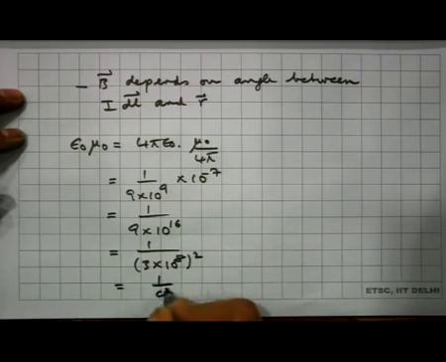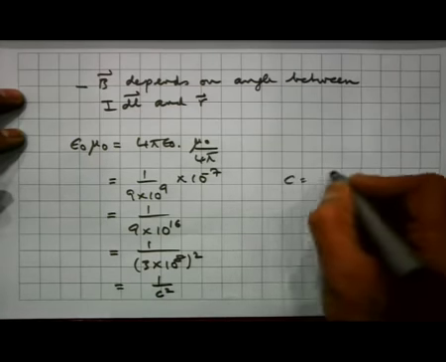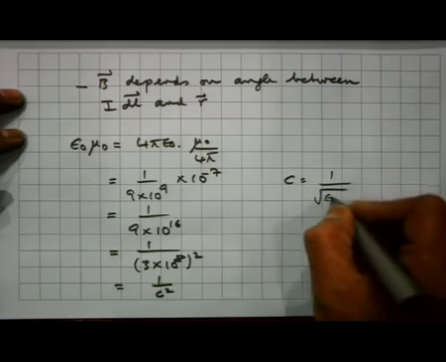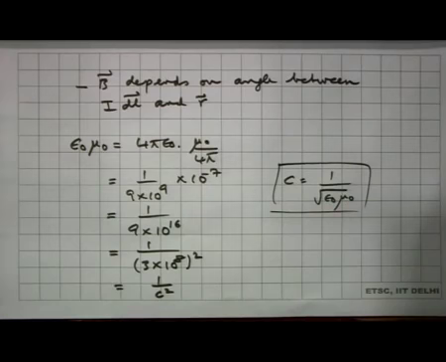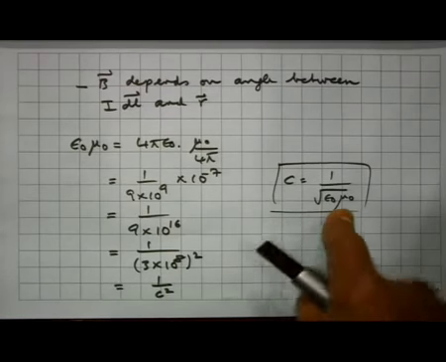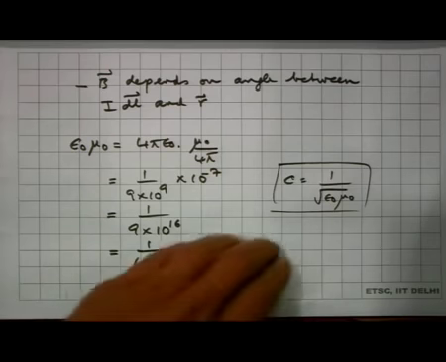So this is nothing but 1 by c square. So it's important to remember that c is equal to 1 by square root of epsilon 0 mu 0. The velocity of light in free space is related to the electric permittivity of free space and permeability of free space through this equation, and that's a very important equation. We'll come back to this later when we discuss Maxwell's equations.